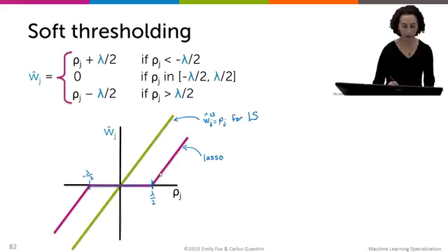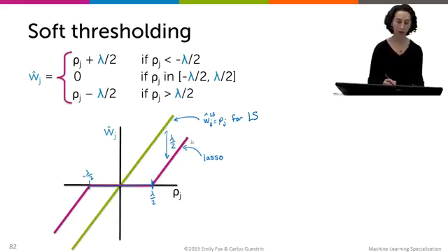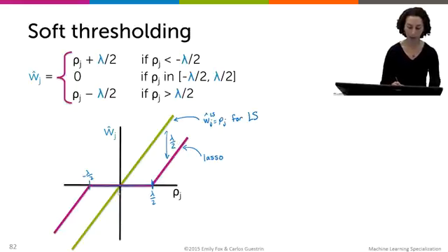But if we're outside that range, we're still going to include the feature in the model, but we're going to shrink the weight on that feature relative to the least squares solution by an amount lambda over 2. So this is why it's called soft thresholding, and we're shrinking the solution everywhere, but we're strictly driving it to 0 from minus lambda over 2 to lambda over 2.